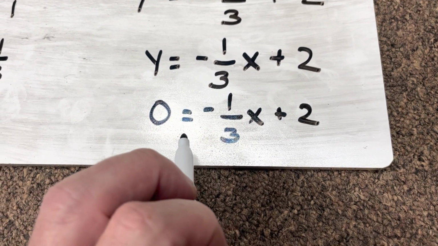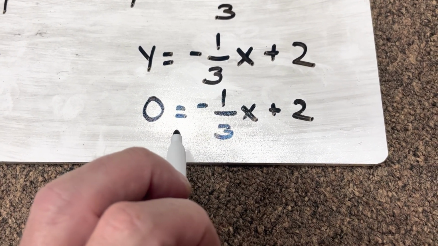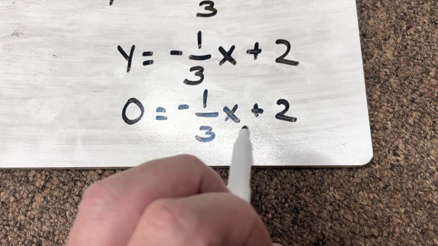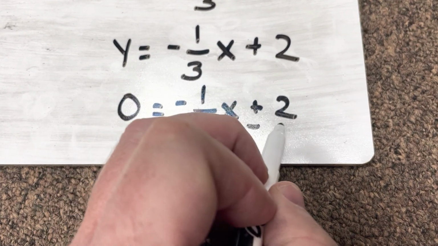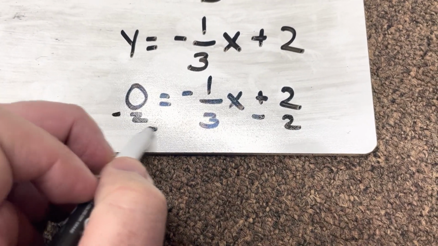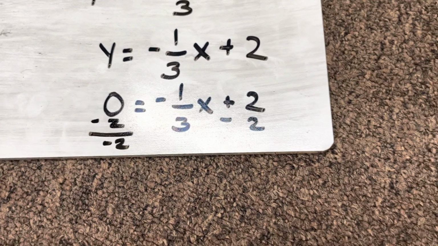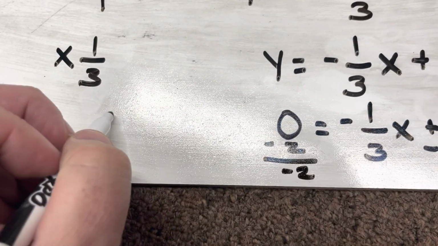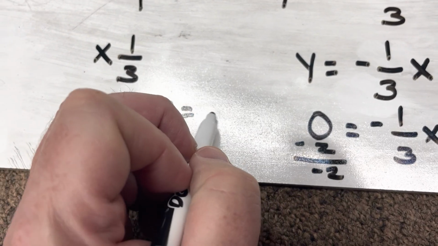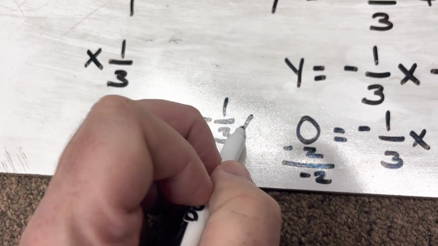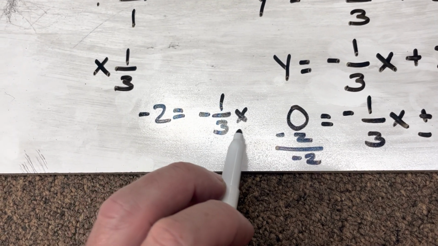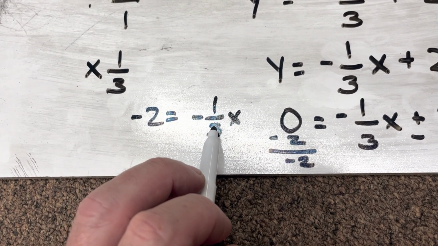When looking at this, I need to isolate the x, so I'm going to subtract 2 from both sides. That's going to give me negative 2. So that's going to leave me with negative 2 equals negative 1/3 x, which means I'm going to isolate x by dividing everything by negative 1/3.